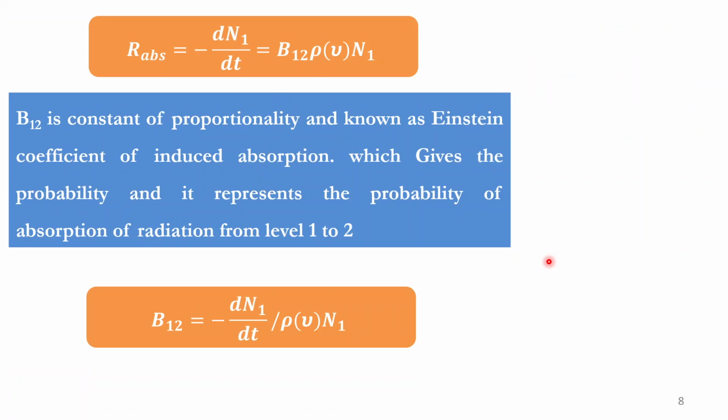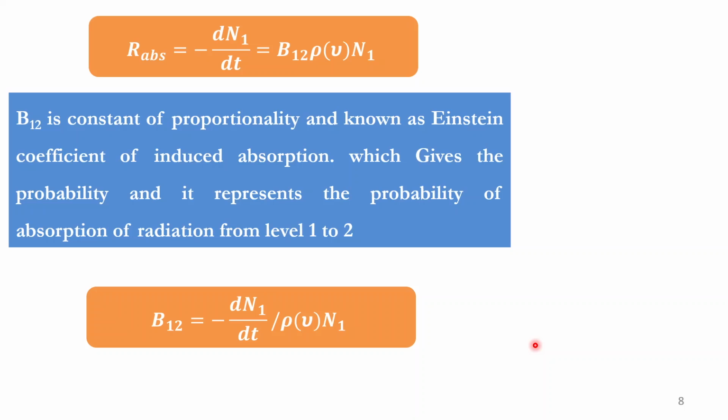Therefore we can write here minus dN1 by dt is equal to B12 into rho nu into N1. Now here this B12 is the constant of proportionality and it is known as the Einstein coefficient of the induced absorption, and it represents the probability of the absorption of the radiation from the level 1 to the level 2.